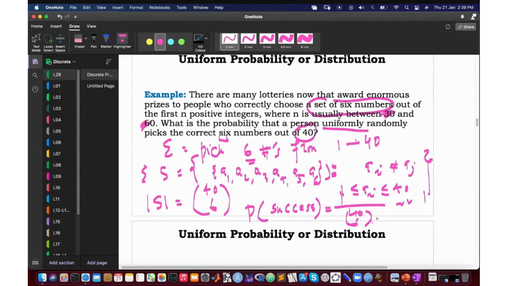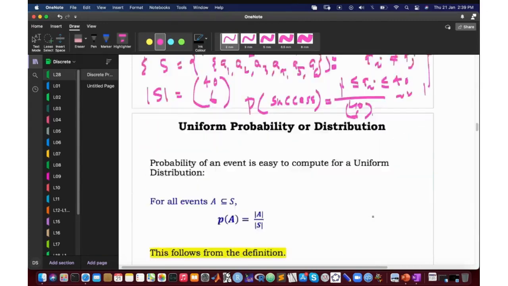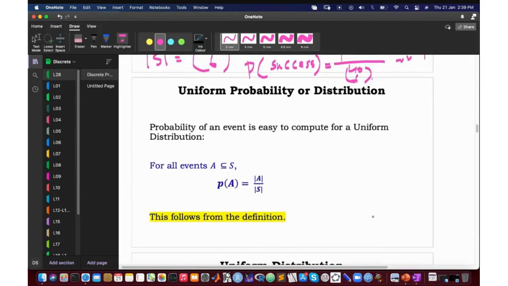It's more than a few millions. Okay, so the chance of picking 6 unique numbers from 1 to 40 which match that fixed number is quite small. All right, so here is a formula for probability that we use in the case of uniform probability.